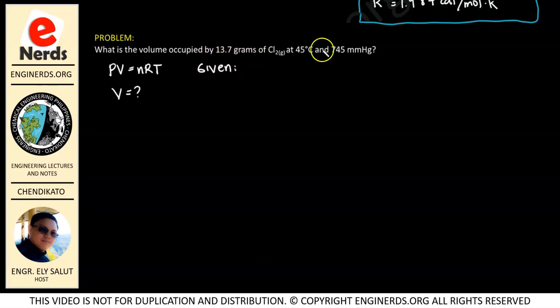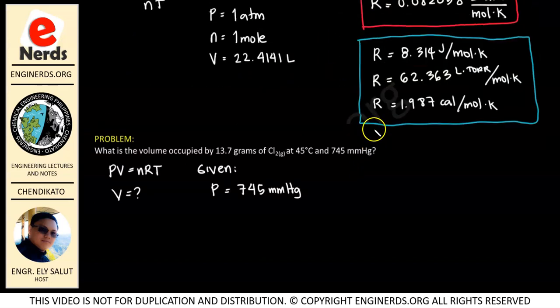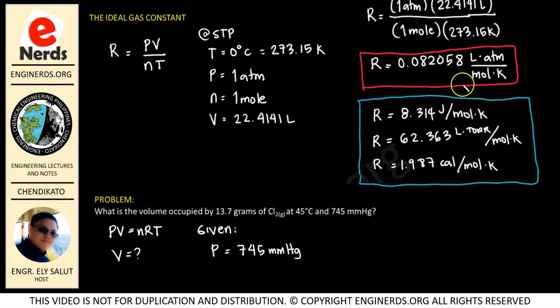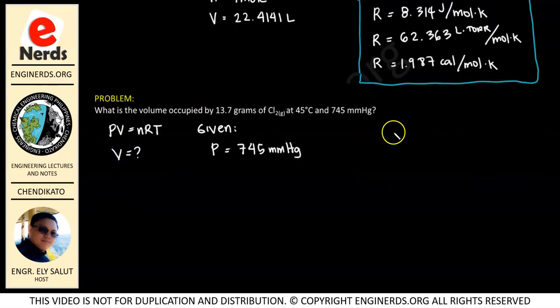So, una is our pressure. So, our pressure is equal to 745 millimeter mercury. Okay, but as you can see, we will be working with grams. We will be converting this to moles. So, we have in Kelvin. So, in order to solve this using this gas constant, we are going to convert this into atmosphere.